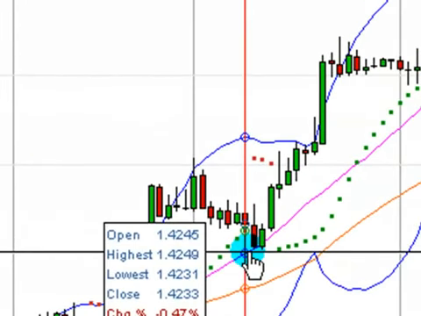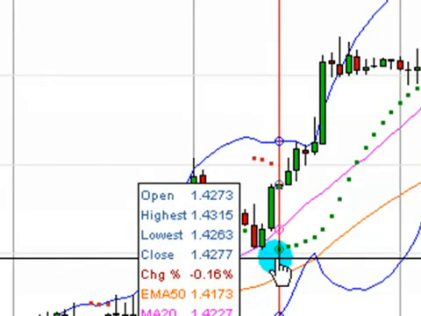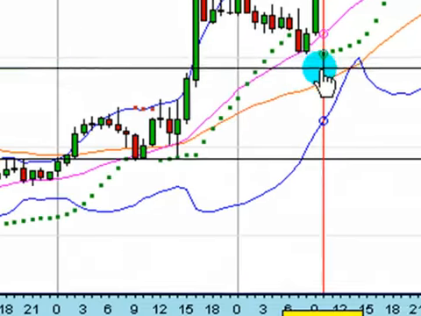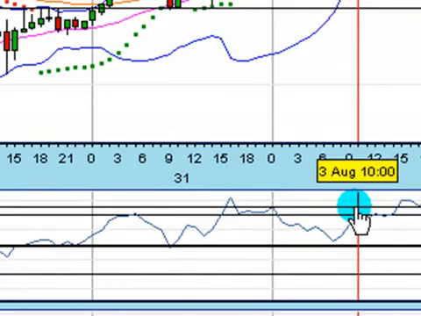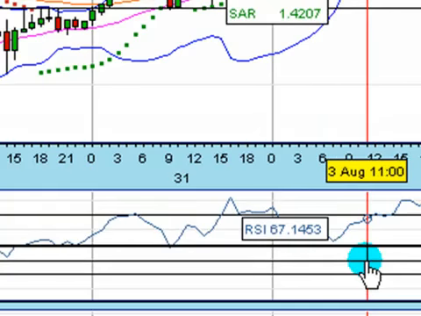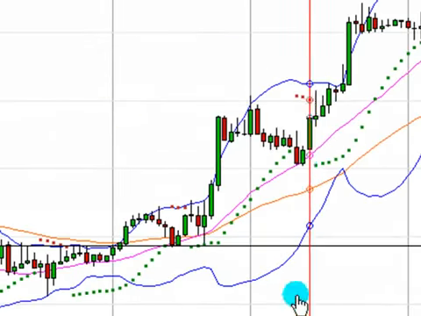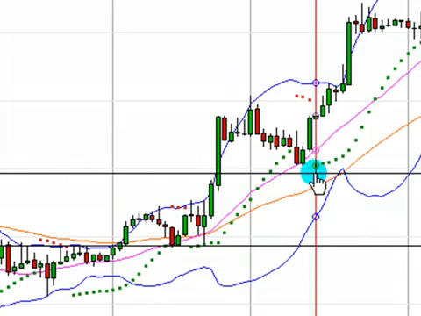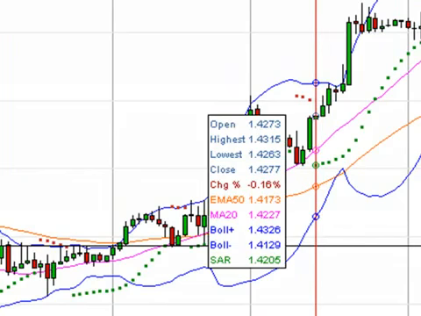It's hit the 20 moving average, and we have our first stop and reverse indicator. And if you look at the RSI at the bottom here, sure enough it's in the bullish territory. That's the 50 dividing line there. I beg your pardon, this is the bearish territory, and that's the bullish territory. And again, looking at the first SAR indication there, the RSI indicates that it is in the bullish territory.